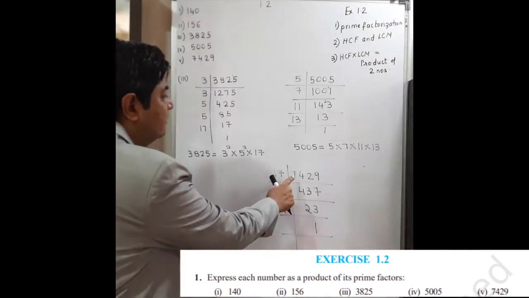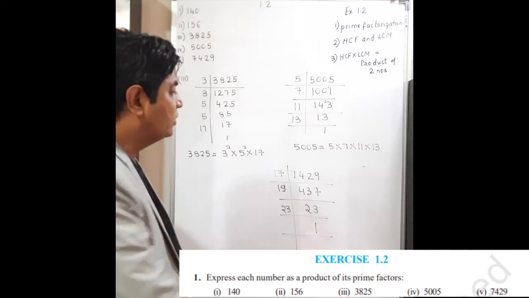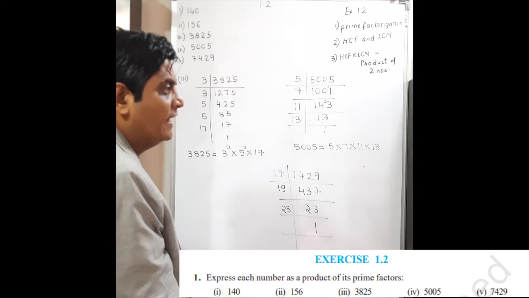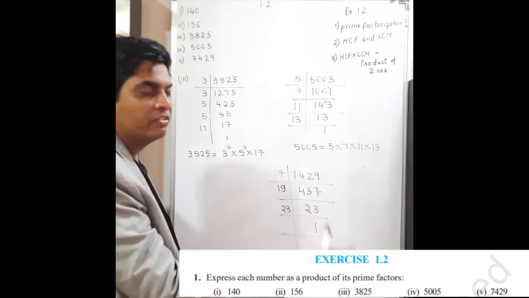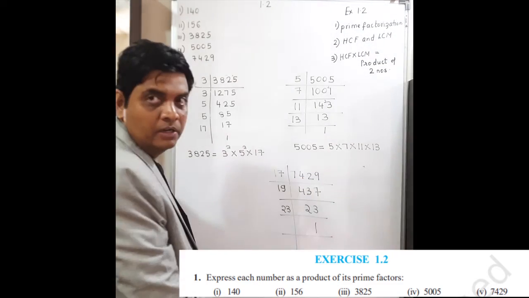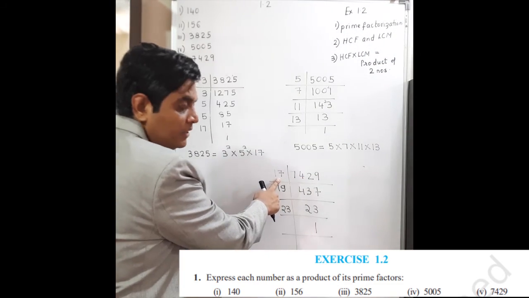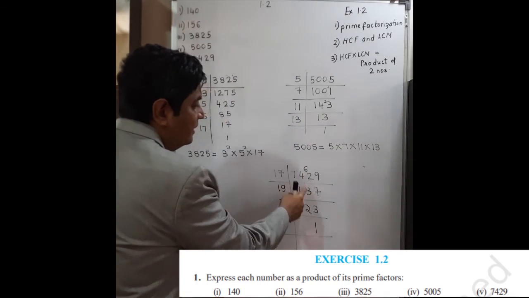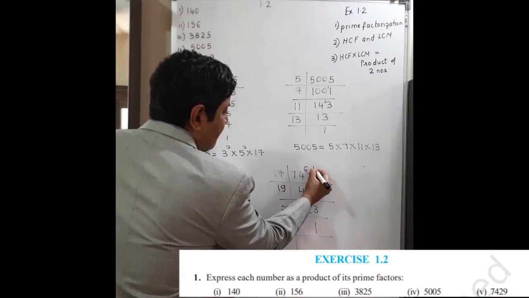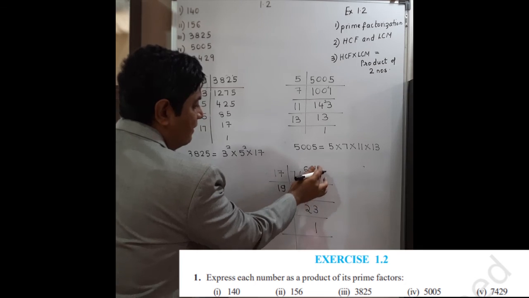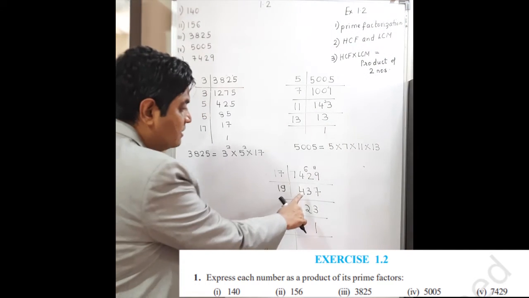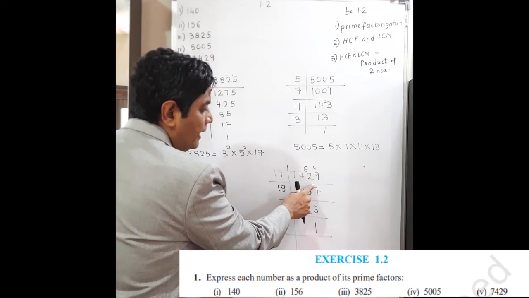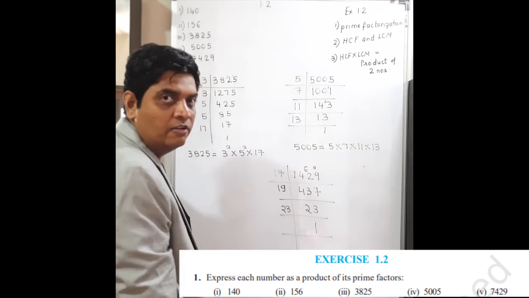Okay. Next number is 7429. If you check the divisibility by 2, 3, 5, 7, 11, 13, it will not be divisible. Then you have to go for 17. 17 4s are 68, remainder is 6. 17 3s are 51, remainder is 11. And you get 17 7s are 119, so the number is divisible by 17. Then this number will be divisible by 19. 19 2s are 38, remainder is 5. 19 3s are 57.